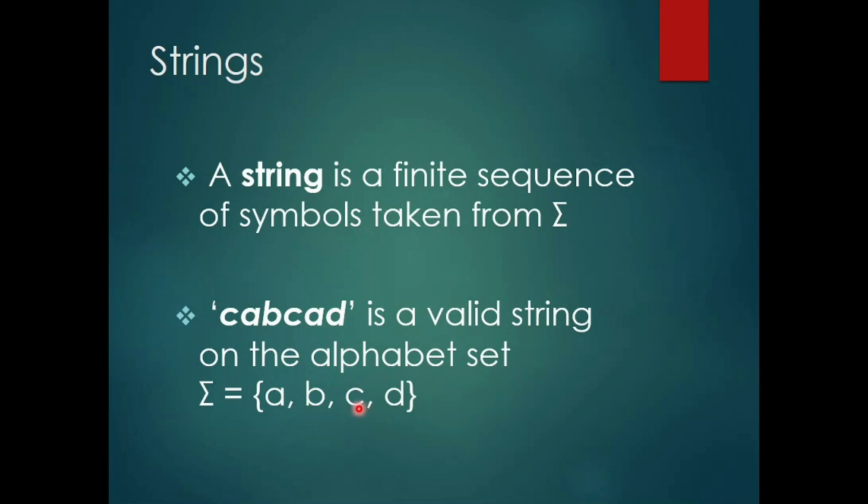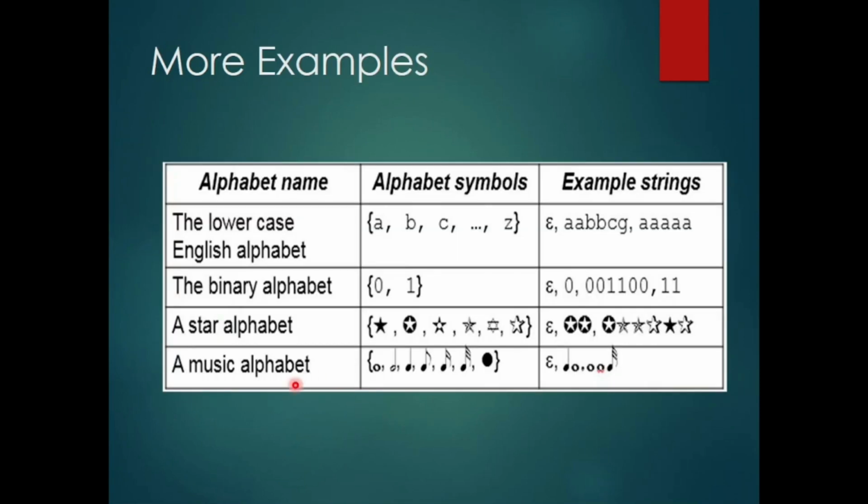Let us see a few more examples. The lowercase English alphabet, which consists of small letter English alphabets from a to z. So this is my alphabet set, and this is a sample example string, which is a combination of lowercase English alphabets, and here you can see a special symbol, right?